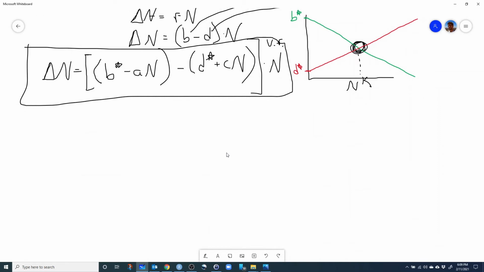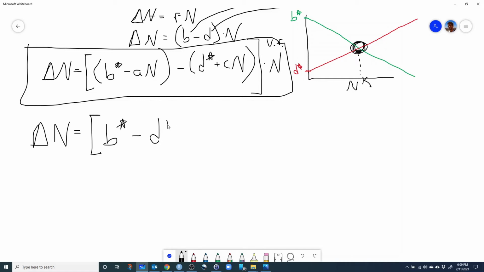Now, what we're going to do next is rearrange this. So let's basically rewrite this in a very similar way, but slightly different. And here we go. We're going to say b star minus d star, right? That's the maximum birth rate minus the minimum death rate, our optimal death rate.